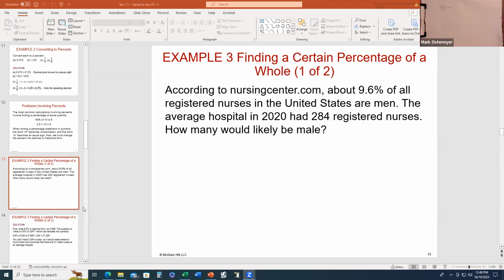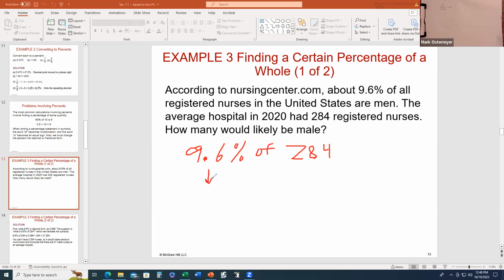How are we going to answer this question, gentlemen? I'm going to take what? 9.6 what? Percent of how many registered nurses in 2020 average in each hospital? 284. Now, how do you take 9.6% of 284?